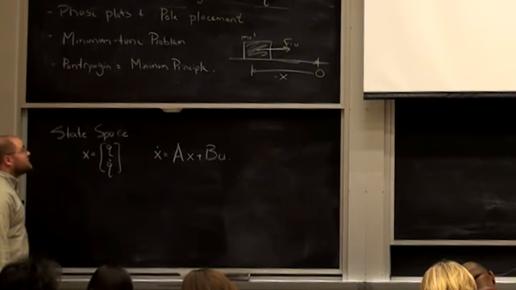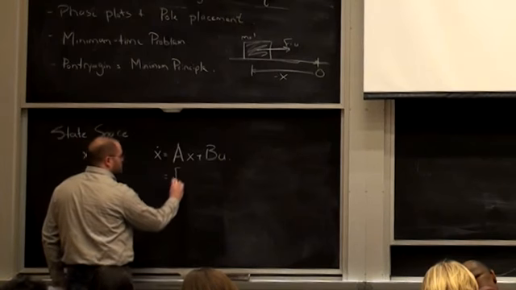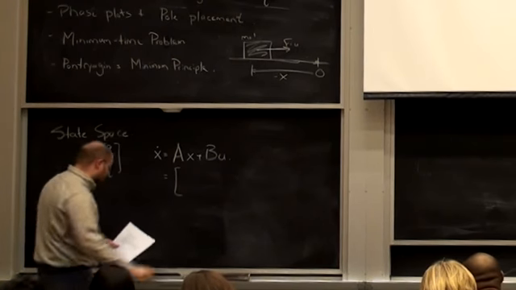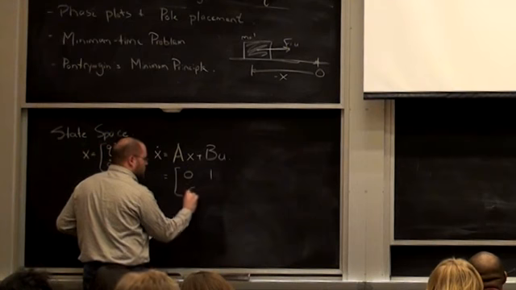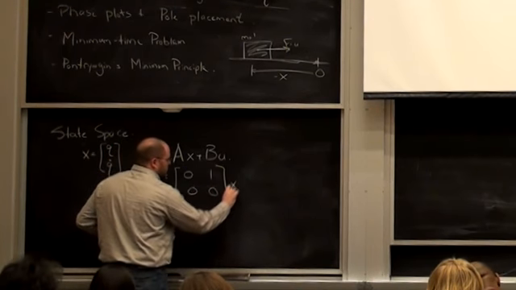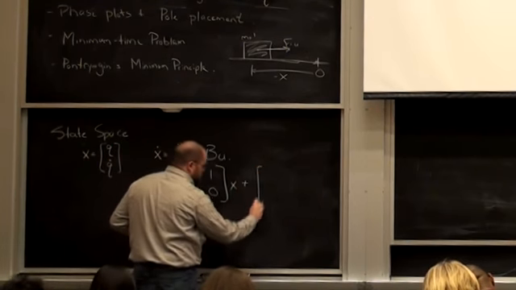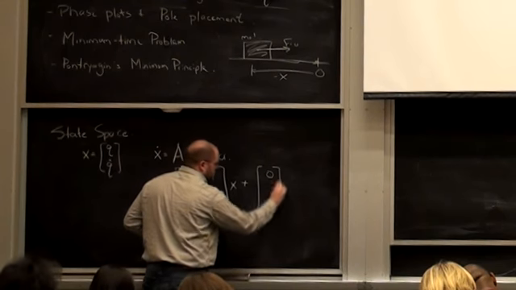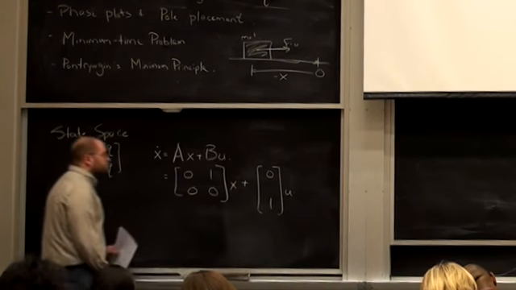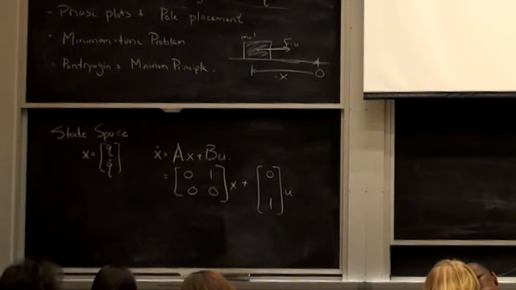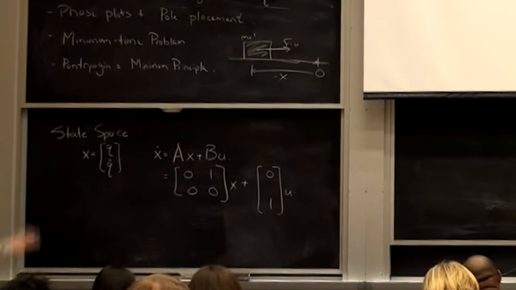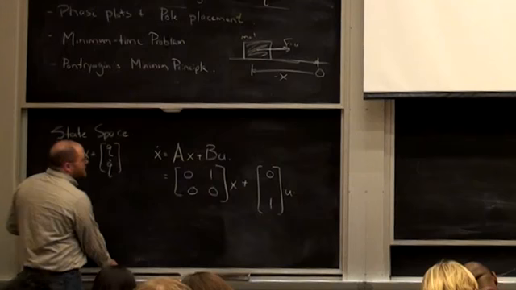In our case, it's going to be the trivial [0, 1; 0, 0] times x plus [0; 1] times u, right? Okay, it's not going to get easier than that, but we're going to use that form because that's going to help.